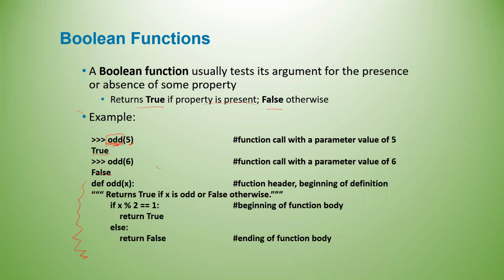Okay, this is a definition. Define, that's the keyword, odd, that's the function name. X is the parameter. So this odd function accepts one parameter, and we call it X. Can we call it something else? Can we say Y?